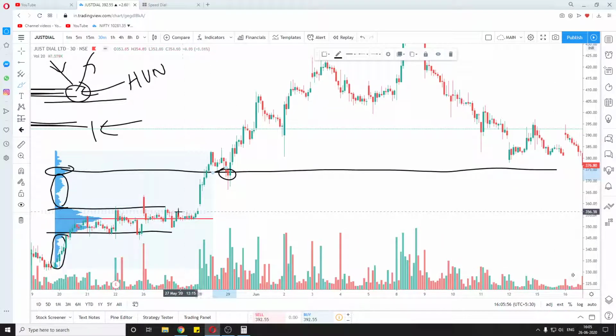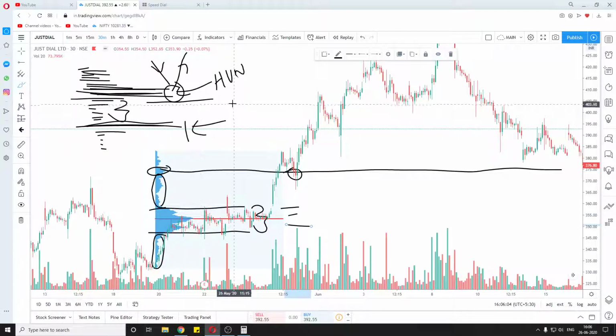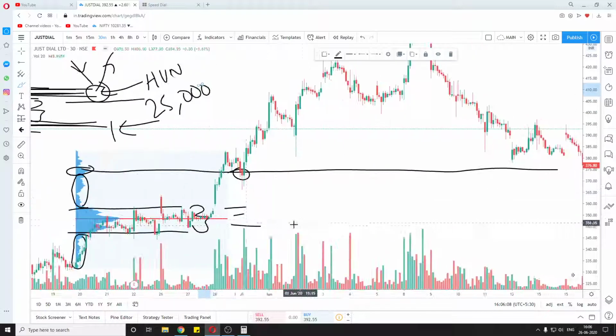So this becomes our buying area, that we can place multiple orders here. We can use our 25,000 capital and we can place 2 to 3 orders in this area, and our stop loss becomes somewhere around this area.